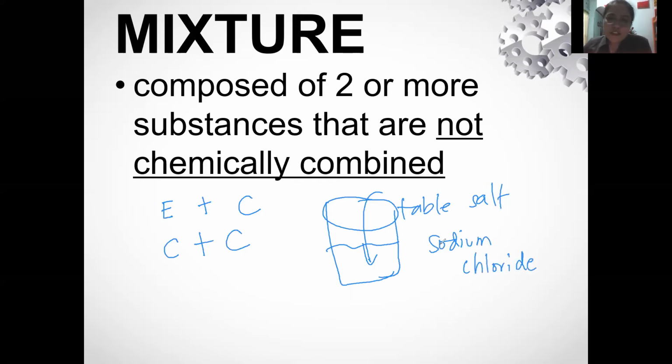When you dissolve this, there will be breaking down of the crystal lattice form of the sodium chloride, but there is no chemical reaction that takes place between the crystals and the water. So the crystals and the water are just combined physically. We call it mixture.